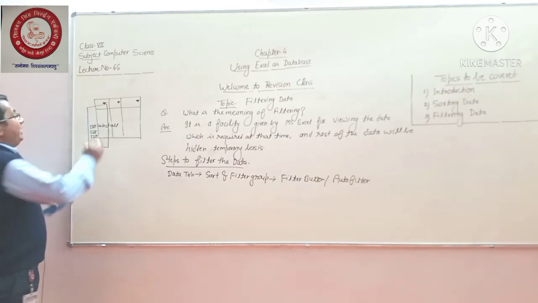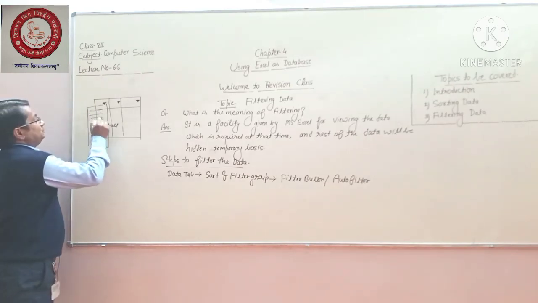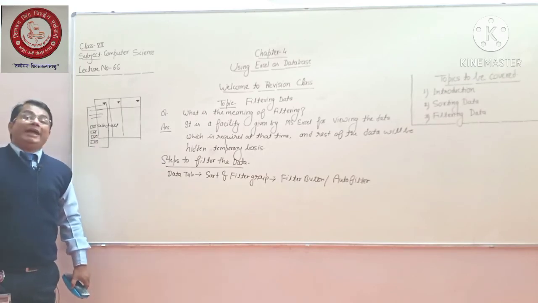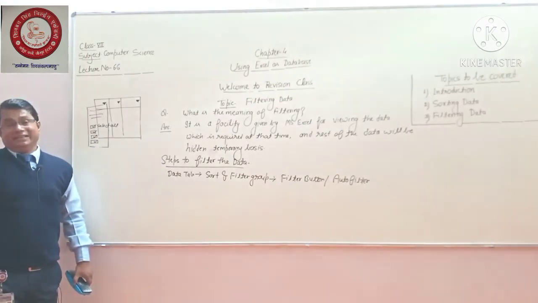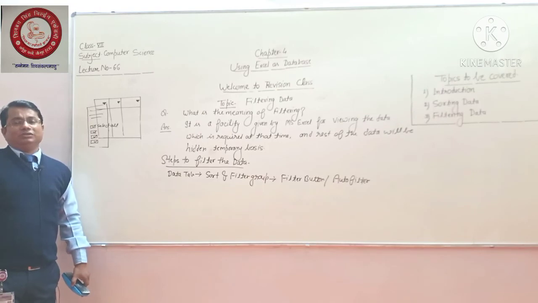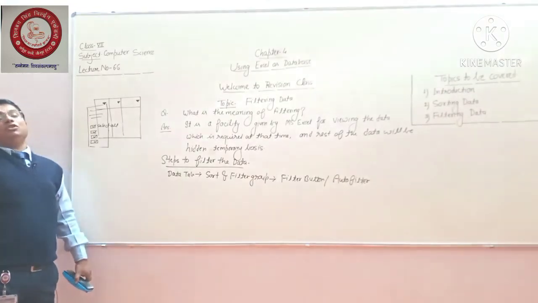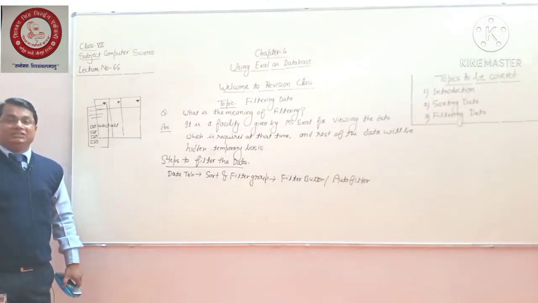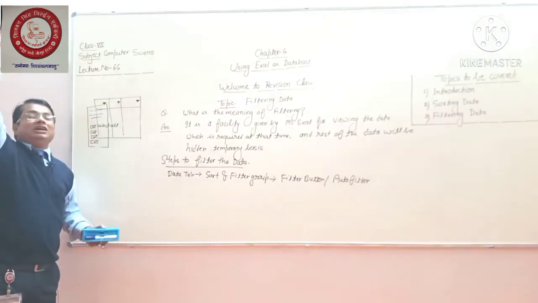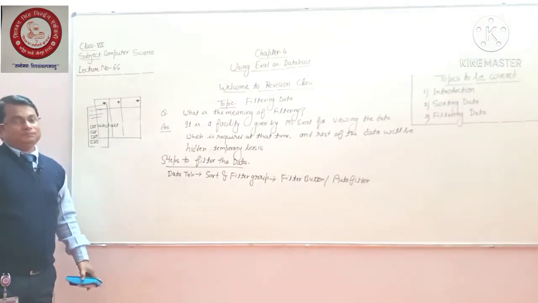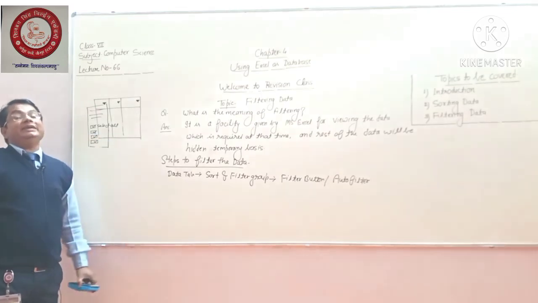But right now, at the top side, you have options like ascending, descending, custom sort. Whatever option you require, ascending or descending, just select it. Immediately, the selected data will be arranged.